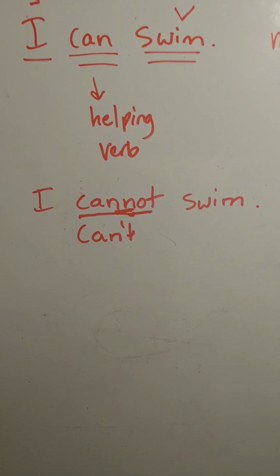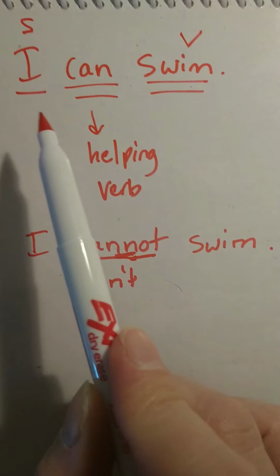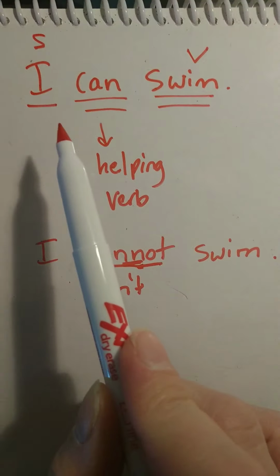Well, first I'll do a question. I can swim. What could be a question using can? I'll have you think about it first. Okay, and then I'll write: Can you swim? Basically what I do is I switch these two.